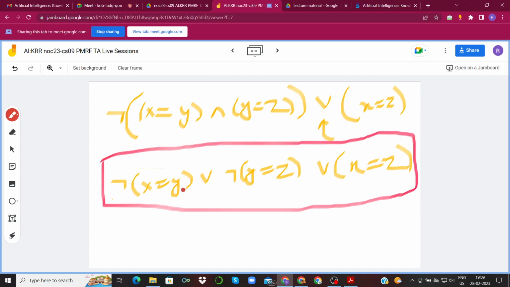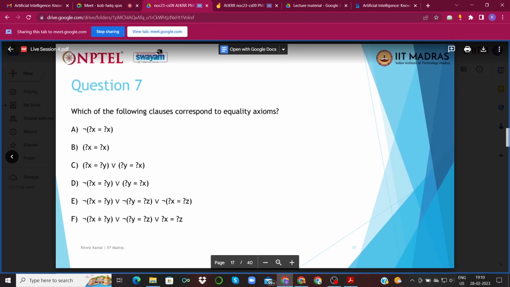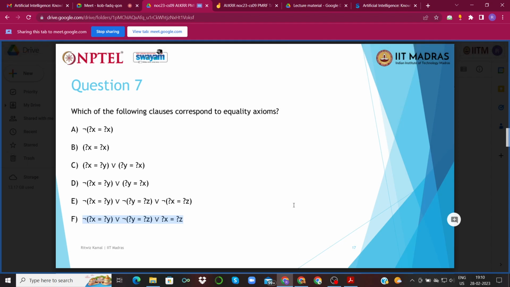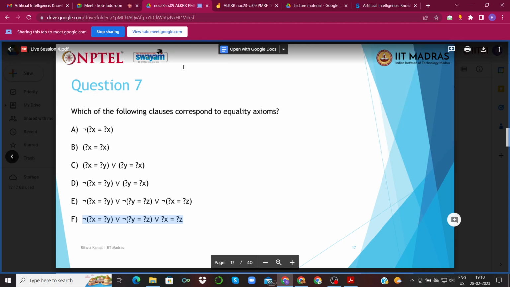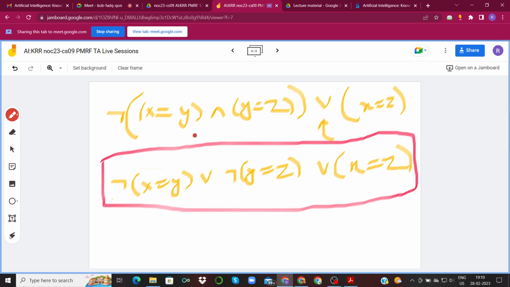You have not of x equals y, or not of y equals z, or x equals z. The same thing, right? Yeah, the question mark is not there. The question mark just means universal quantification; for the sake of ease in writing, I missed that.